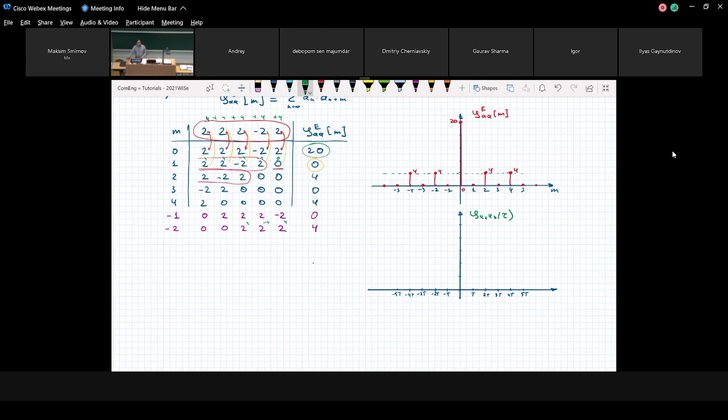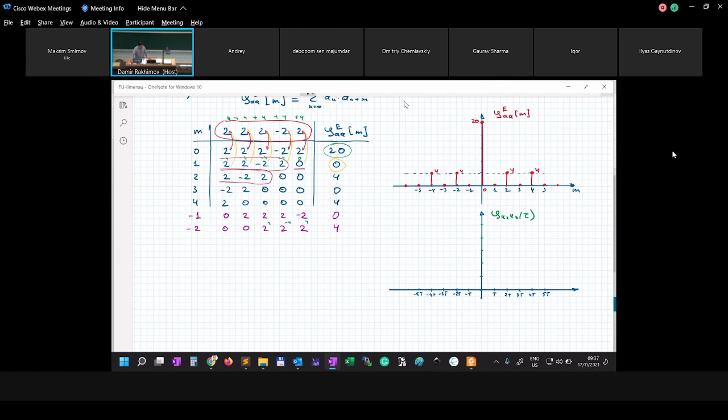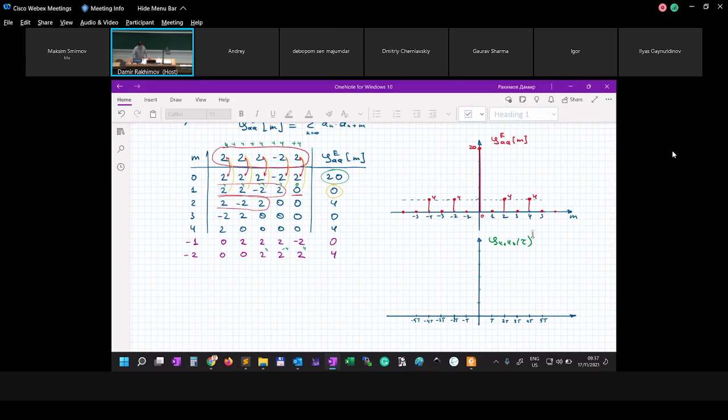Because we don't have an imaginary part, because we have a pure real signal, the correlation will be an even function. Yeah, you can say this. There is no limit.